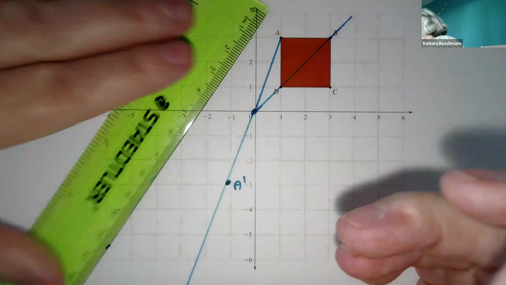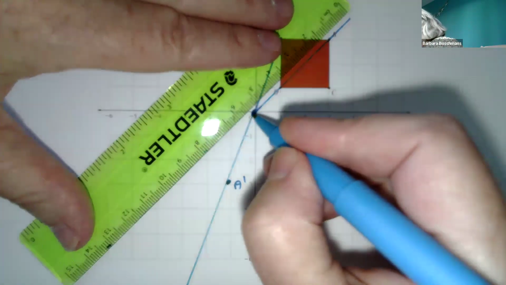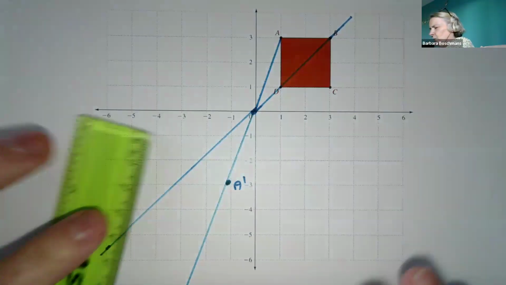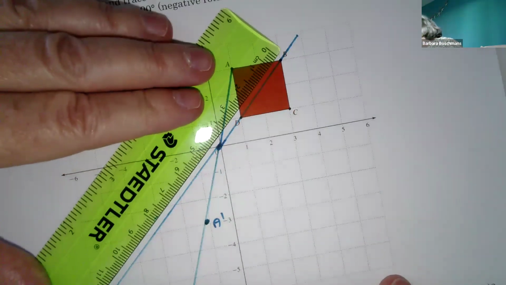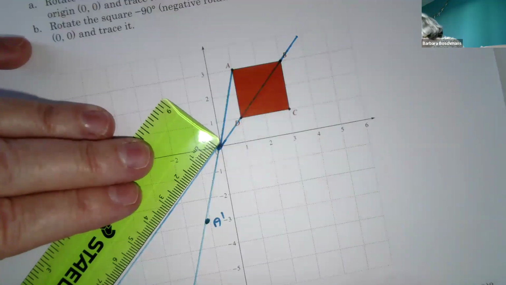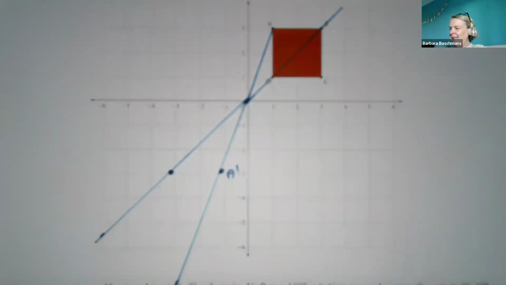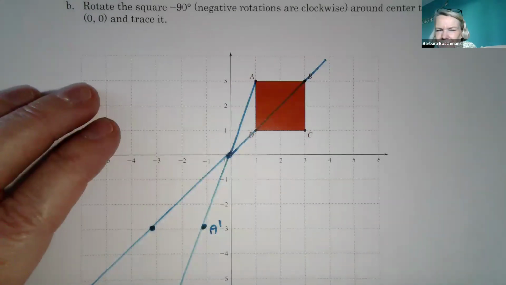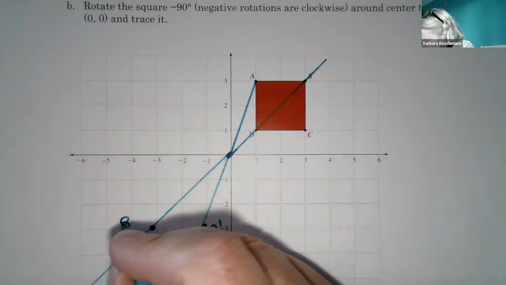And again, I know that that is going to make a straight line. We're going to measure again. So 0, it's a little bit over 4 centimeters. A little bit over is about right there. It's close. Not exactly, but close. Okay, so now I have B prime.